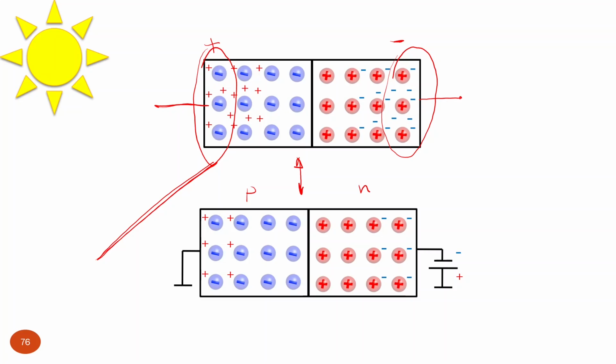So what happens here? Here is the depletion region, and here we have this internal electric field.